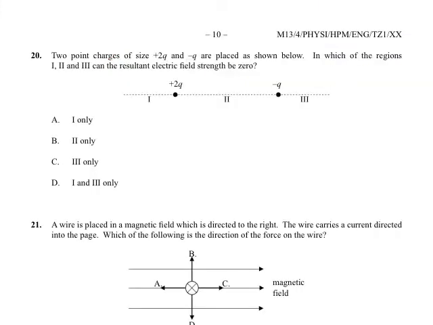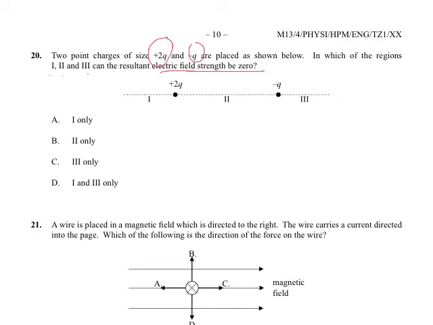Question 20. 2 point charges of size 2q plus and minus q are placed as shown below. In which of the regions 1, 2 and 3 can the resultant electric field strength be 0? Now, you have to use a little bit of common sense here. There's no calculations.